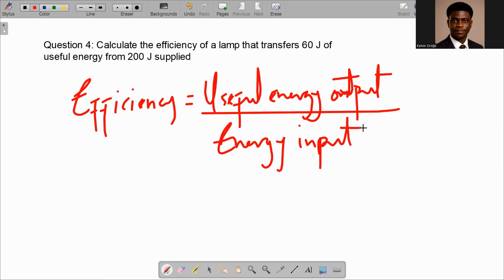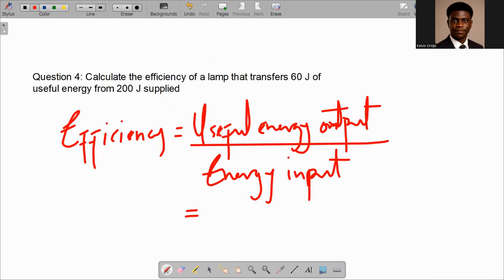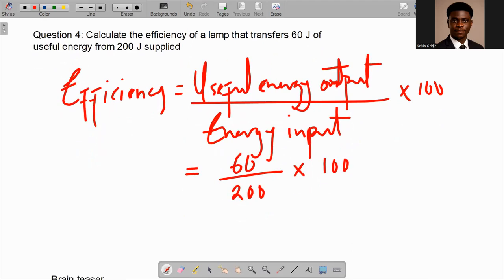From the question, it transfers 60 joule of useful energy. So the useful energy is 60, and the input is 200. So you multiply this by 100%. This gives 0.3 multiplied by 100%. This gives 30%.